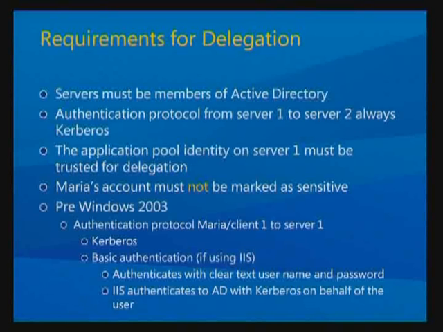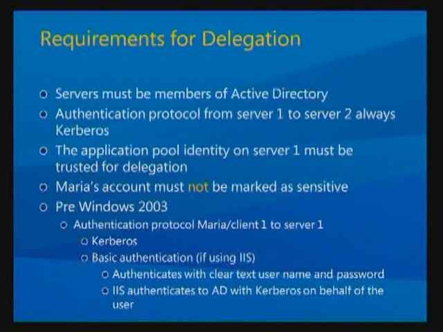The authorization protocol from server 1 to server 2, so server 1 is the server our client is hitting, is always going to be Kerberos. The application pool identity on server 1 must be trusted for delegation. So if we're going to go from server 1 to server 2, it's got to be Kerberos, the authentication protocol there, but we've got to trust the account that is actually making the connection for delegation.